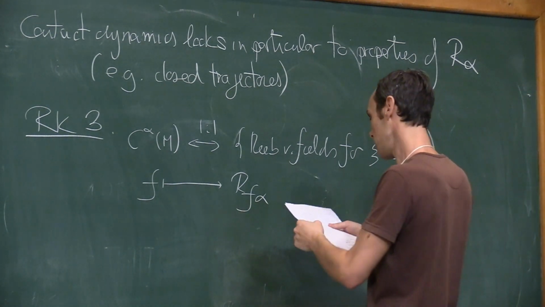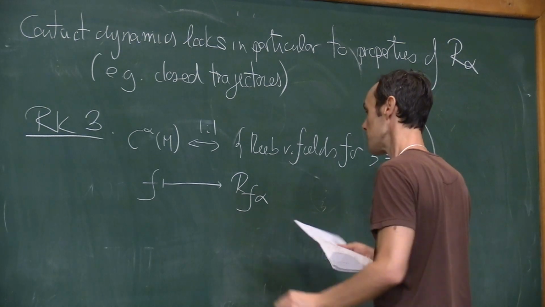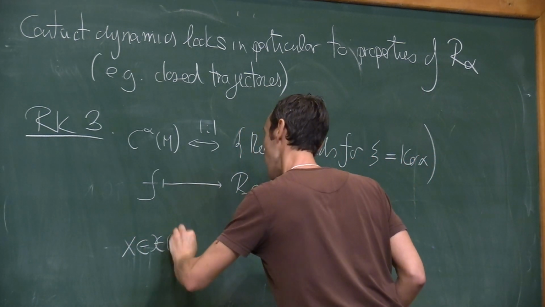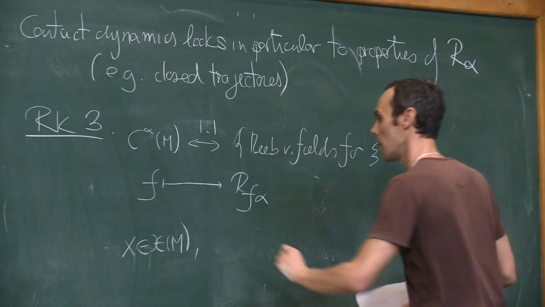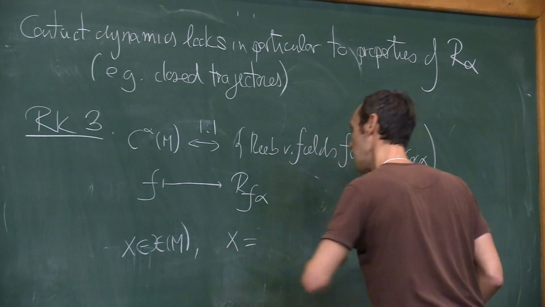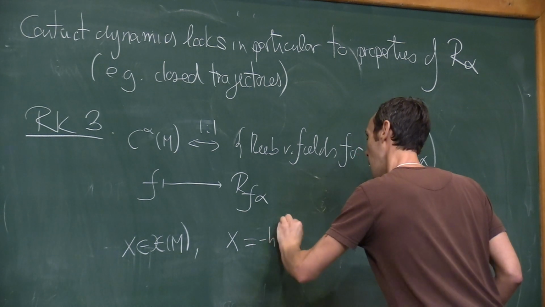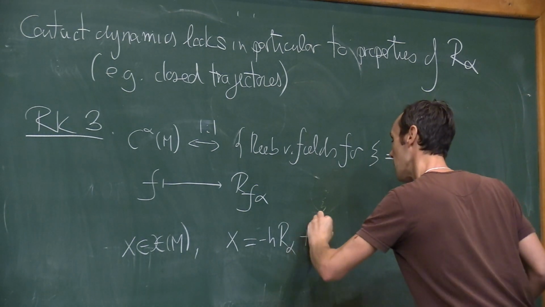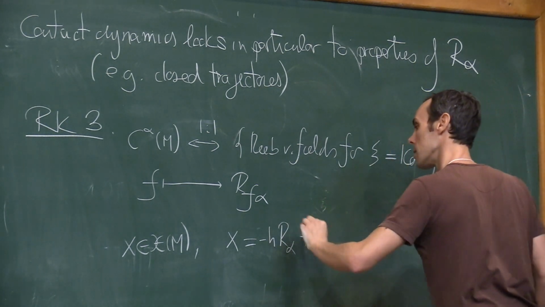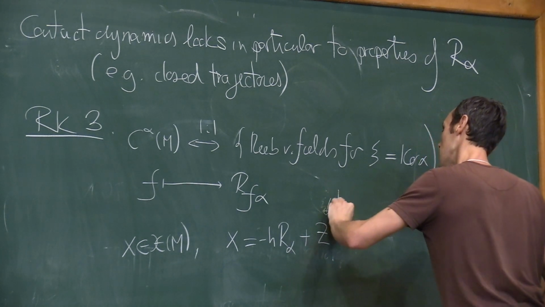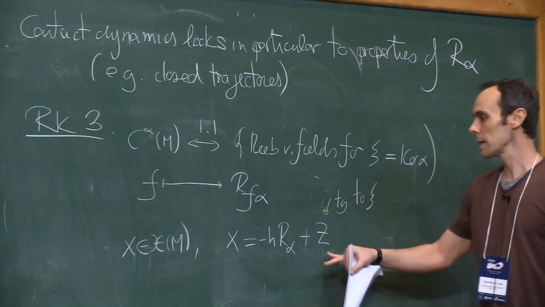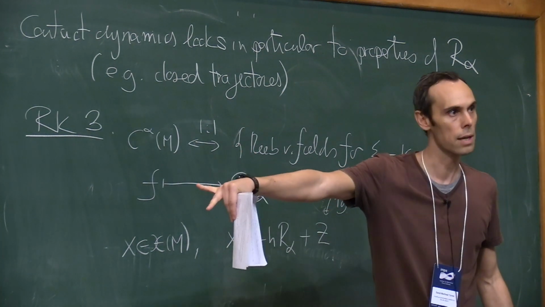And what you can do now is, for any vector field on your manifold, write the vector field as a multiple of the Reeb vector field plus another component which is tangent to the contact distribution. So it's basically splitting a given vector field. So this is tangent to ξ. And simply use that splitting and run again the contact condition that you have over there.